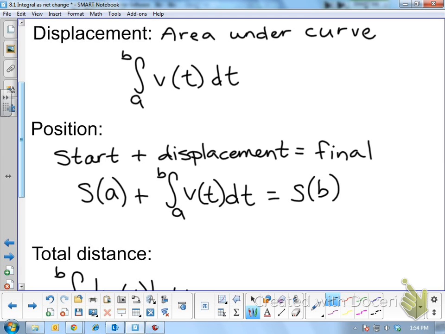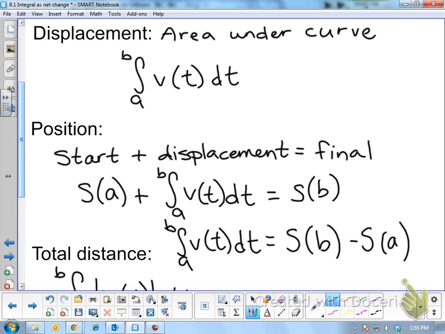So we can think of it this way, but we're used to thinking of it another way. What if I move S of A to the other side? How would I do that? Subtract it. And it sounds like most of you have recognized already what this is.